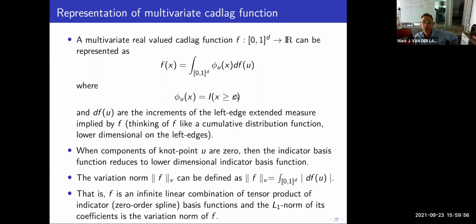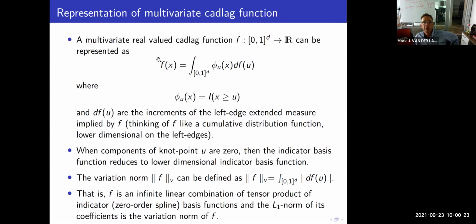So this is like a tensor product of indicators, which are functions which go from 0 and jump to 1 at a knot point, like mu1, mu2, and up to mu whatever. And then this is just the increments of the function. So the increment of the function at that knot point multiplied by the indicator over all knot points, right? The whole unit square is then summed over.